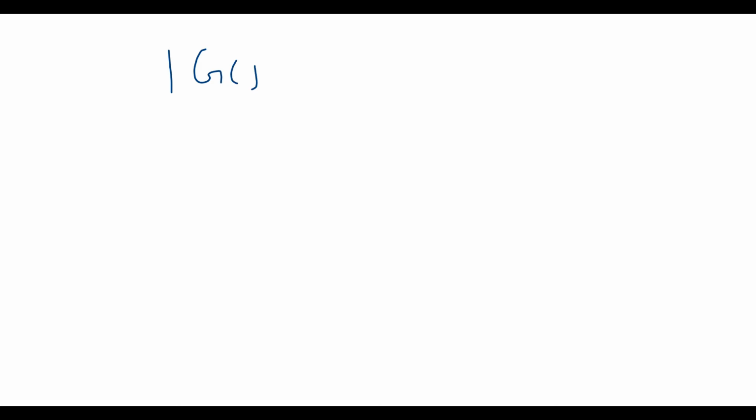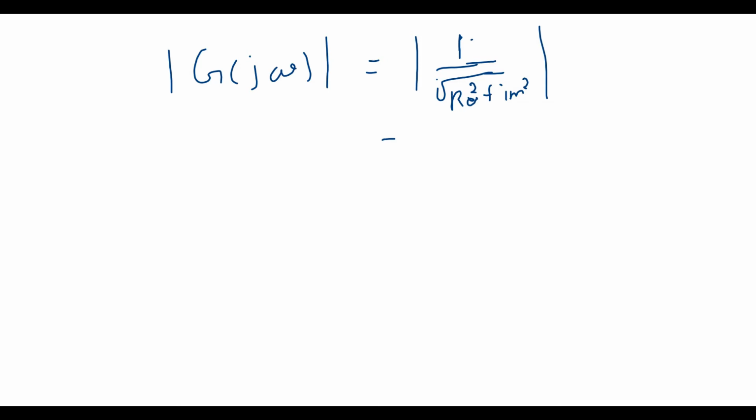When I say mod, what happens here? The mod of G of j omega is nothing but 1 by the square root of the real term squared plus the imaginary term squared. The transfer function is K by s, so there is no real term.